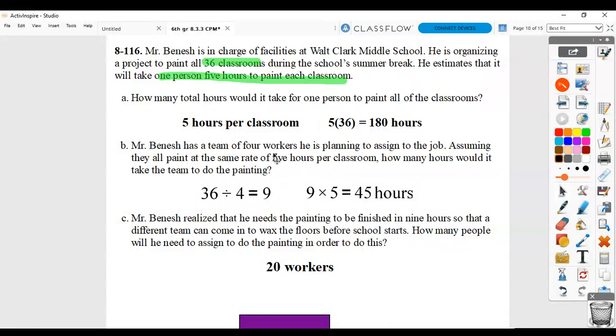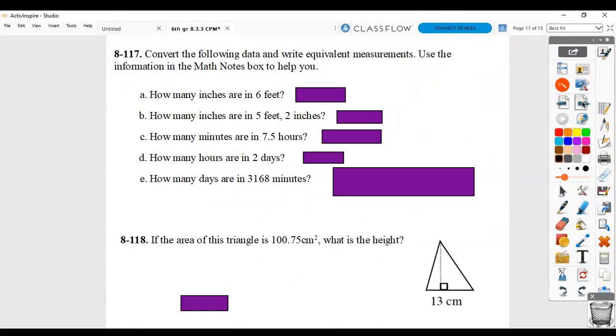And so instead of 4 workers, 4 times 5 would be 20 workers. Or another way you could think of it is, if we're going to need 180 hours total, what do we have to divide by to get that done in 9 hours? So 180 divided by 9 would mean 20 workers. So again, show some work to justify that answer.